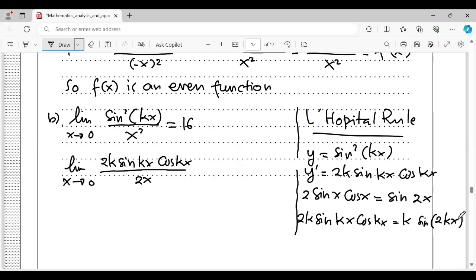Yeah. So this numerator I will write like this. It becomes k sine 2kx over 2x equals 16.